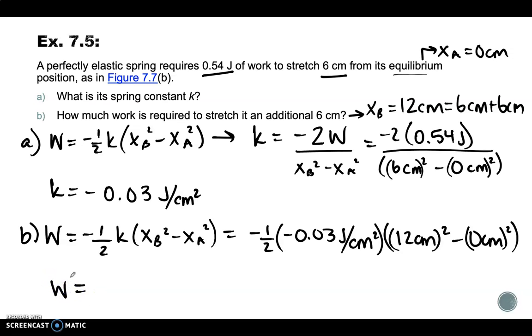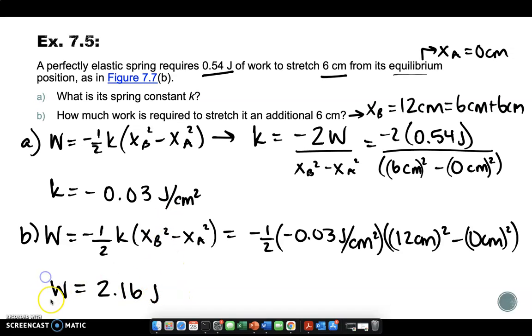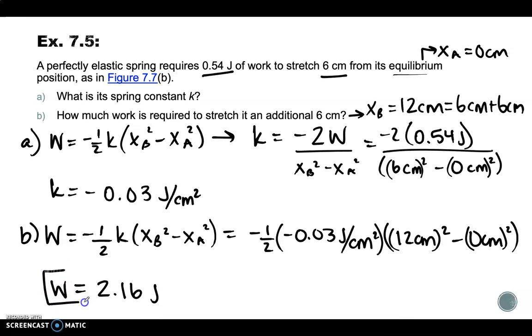Now we can put that into our calculator, and we get that our work done is 2.16 joules. This is the amount of work required to stretch it an additional 6 centimeters.